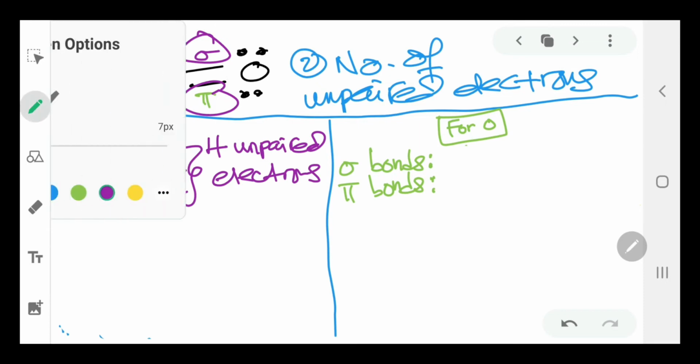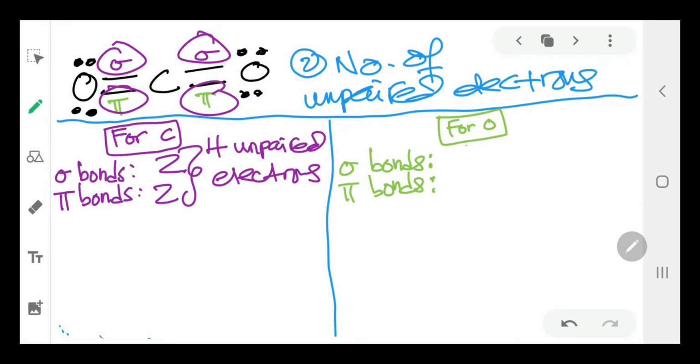So when you look at the oxygen right here, you have 1 sigma bond and 1 pi bond. Okay, so it is a misconception for you to do 1, 2, 2, 1, 2, 2 right here. That is wrong, okay? Because this is a different oxygen terminal atom.